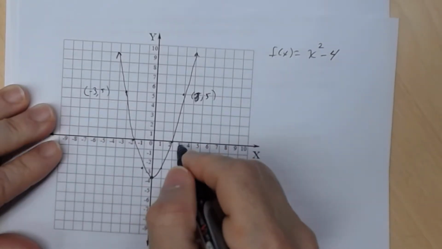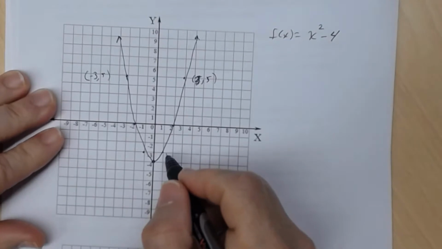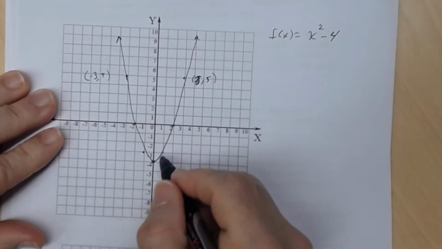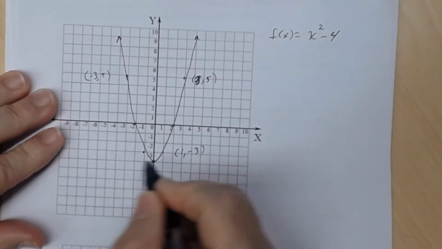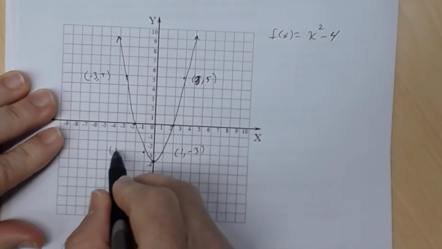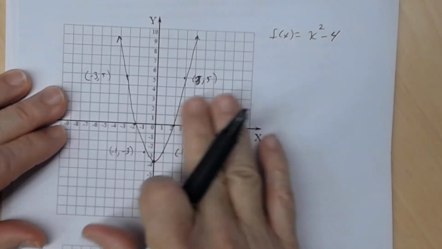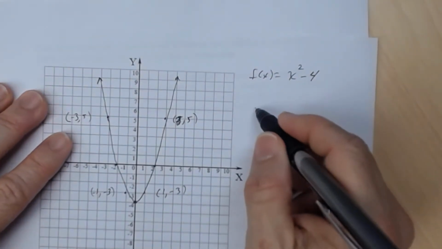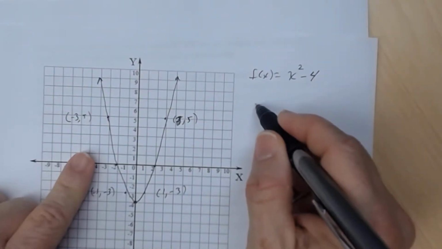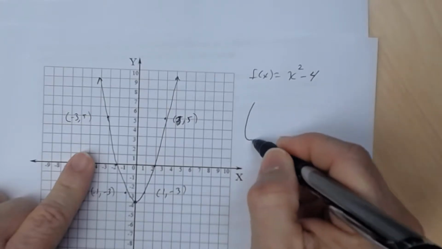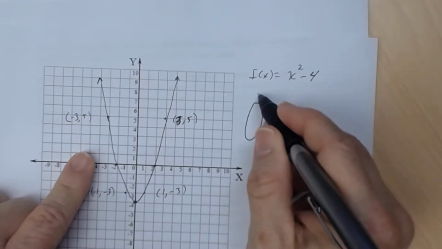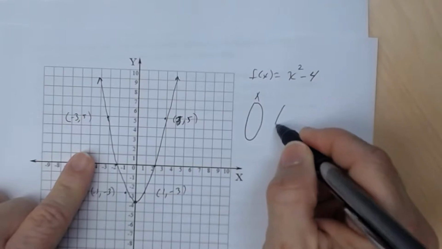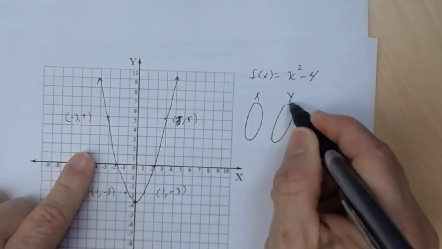Over here, I have (1, -3), and I also have (-1, -3). So I'm going to look at this mapping from x to y, just to show you that this is a function.